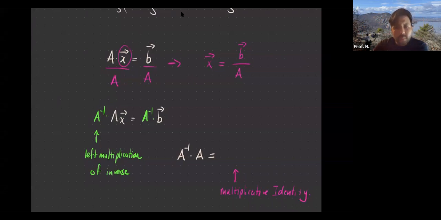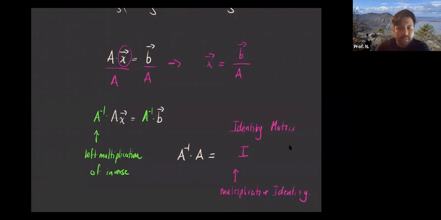So what we're going to speak about is what's called the identity matrix. We're going to denote it with I, the capital letter I, not one.